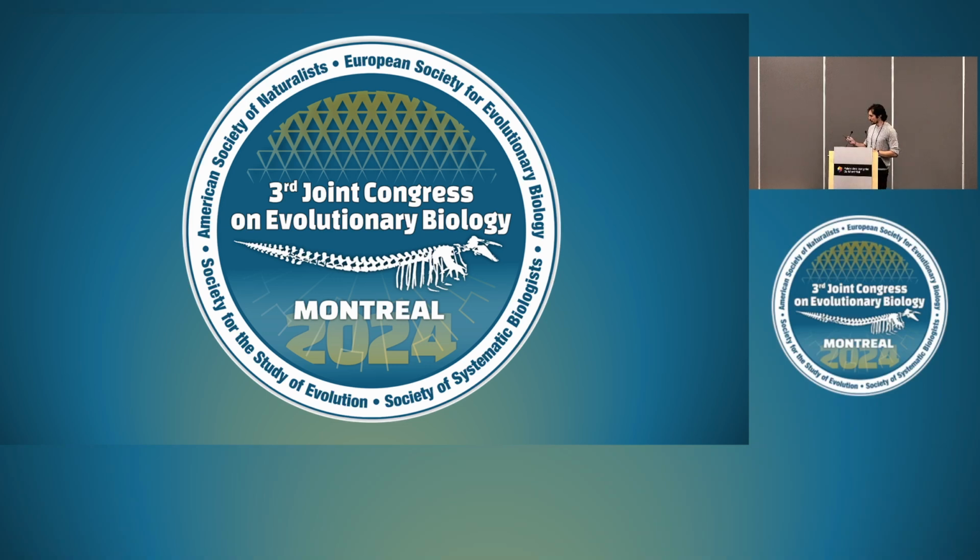For the outlier detection methods that we're going to be using, we went to the literature to see what's more common, what you see a lot. So for the differentiation-based methods, we're going for OutFLANK.